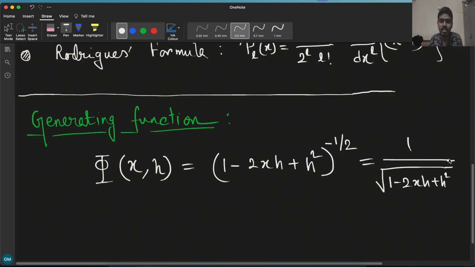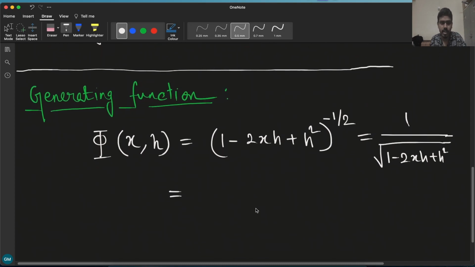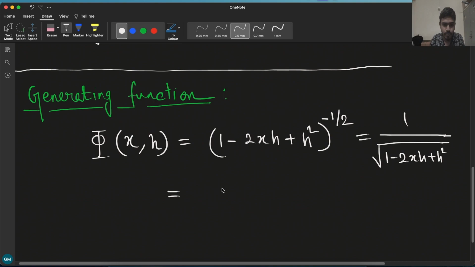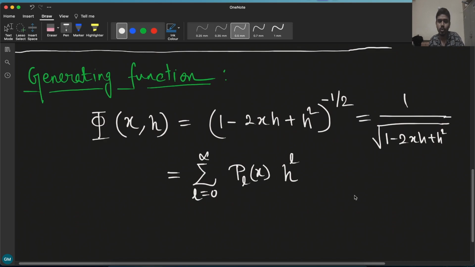And how does it generate the Legendre polynomials? It can be written as, I'm just stating it, I'm not proving it, I will prove it later, the sum from L equals 0 to infinity of P_L(x) h to the power L. So this function can be expanded in a power series of h, and the coefficients will be the Legendre polynomials.